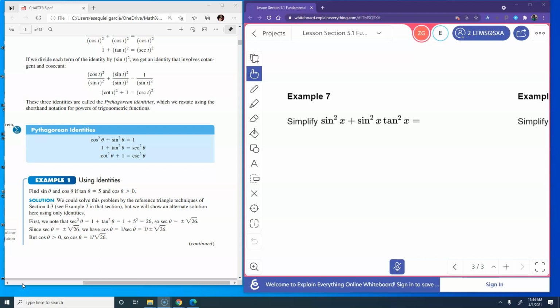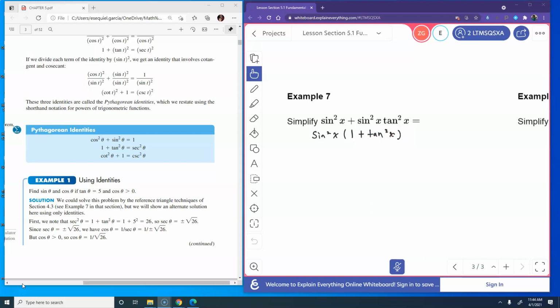So once again, to simplify this, we have sine squared of x plus sine squared of x tangent squared of x. What I'm going to do is factor sine squared of x. So if I factor sine squared of x, you have 1 plus tangent squared of x.